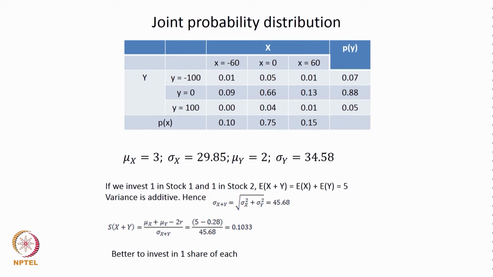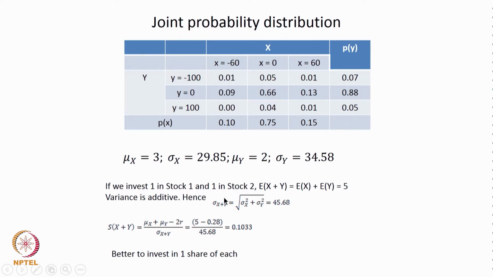Now, we also know that mu of x is 3, sigma x is 29.85, mu of y is 2, sigma y is 34.58. So, if we invest 1 in stock 1 and 1 in stock 2, E of x plus y is equal to E of x, which is 3, plus mu y, which is 2, giving 5.